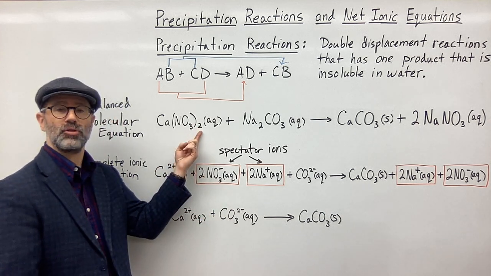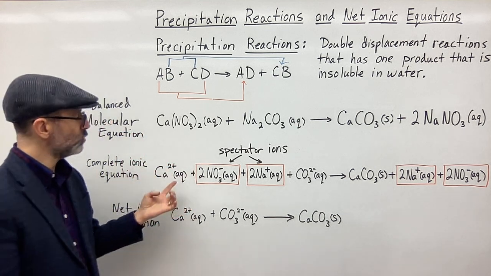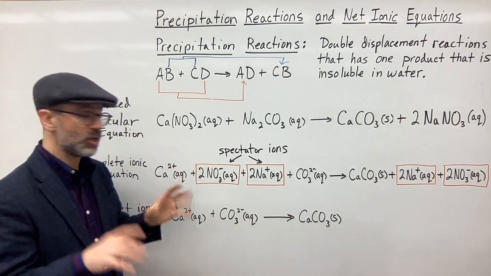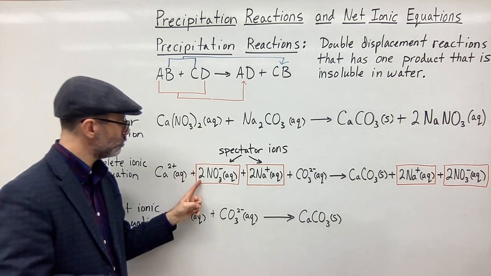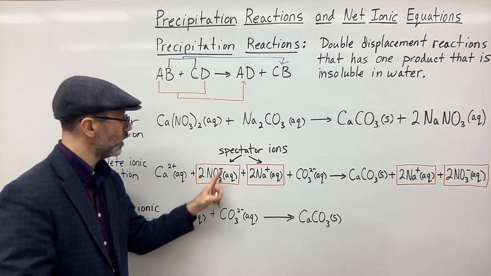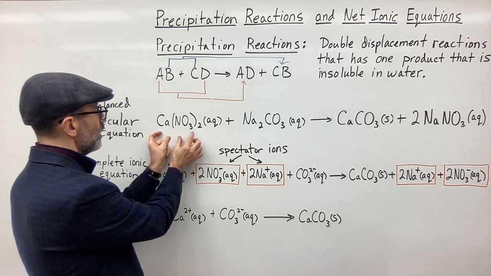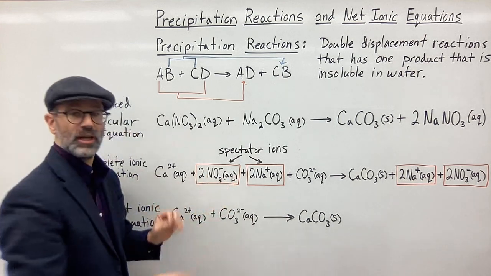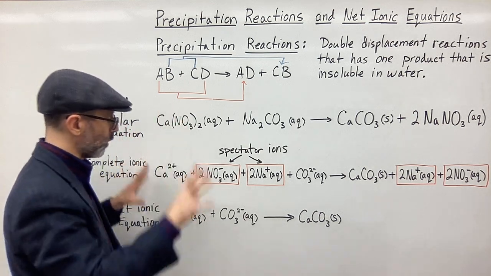We only write it as a subscript to identify that these are part of the formula, right? But when we're trying to indicate that these are separate entities floating around in solution, we put a 2 coefficient. So the 2 subscript becomes a 2 coefficient. So we have two nitrates, NO3 minus aqueous. So we just took the two ions here and separated them. So calcium is separated from nitrates, and they're floating around in solution, right? Just like they are in reality, they're separated from each other.